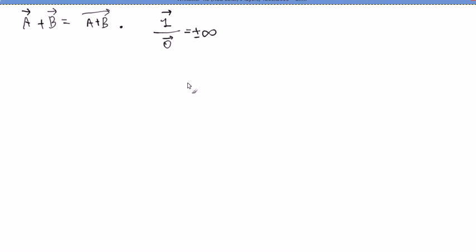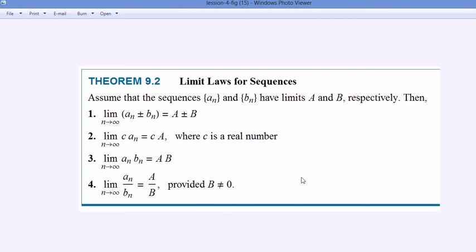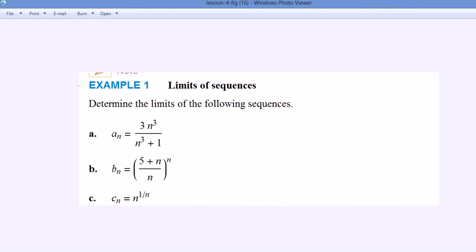That's why they excluded it. Other than that, if it is not 0, then it goes where it is supposed to. Proving this without using any physical intuition seems tricky, and they came up with this epsilon delta definition, which is taught in advanced calculus. So these are some examples of limits of a sequence.